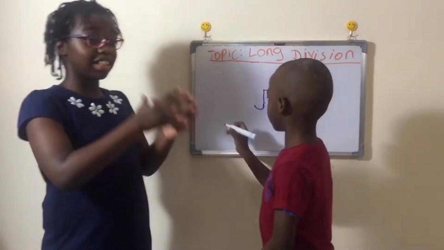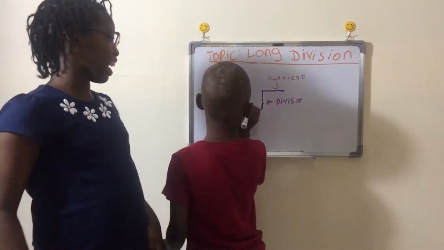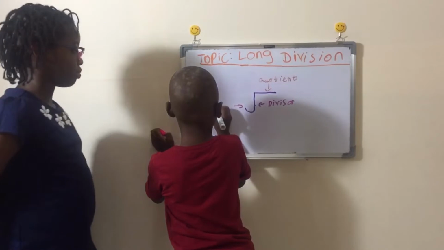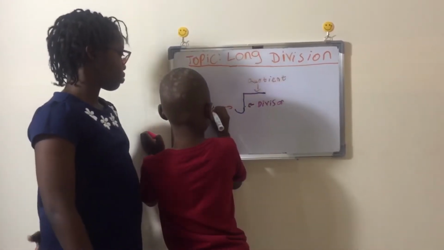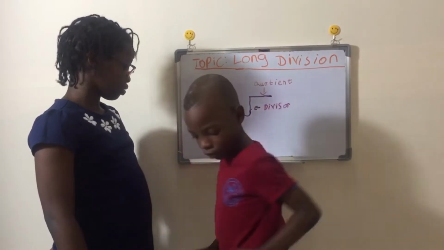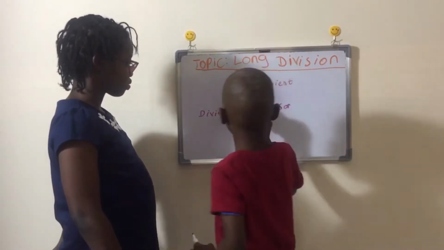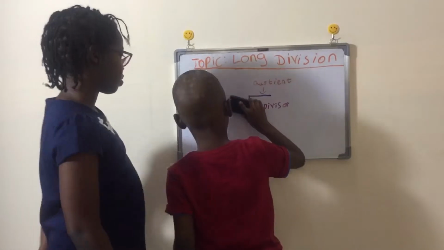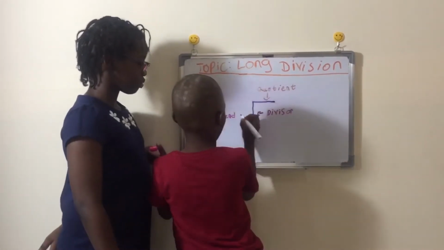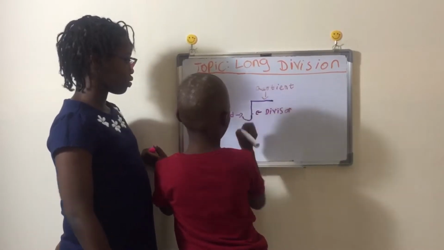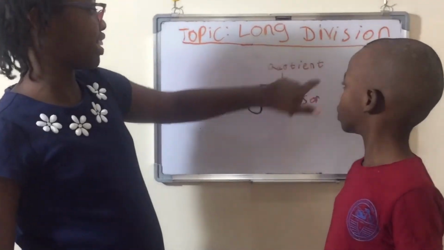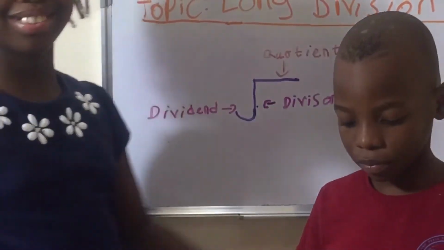The dividend is what you're dividing. It's the big thing. The dividend, the divisor, and the quotient.